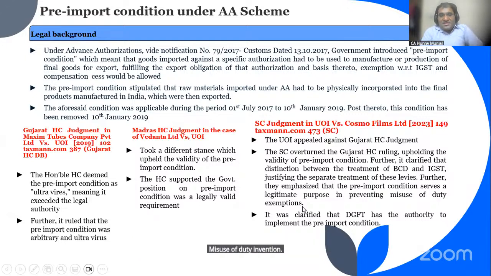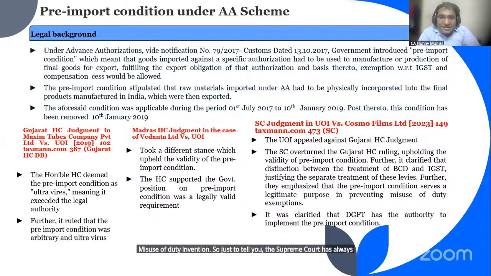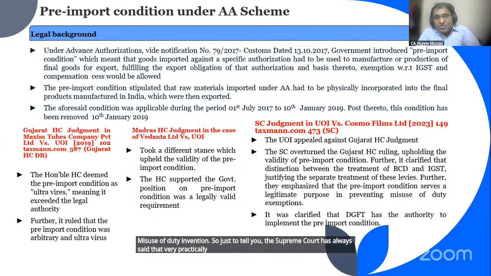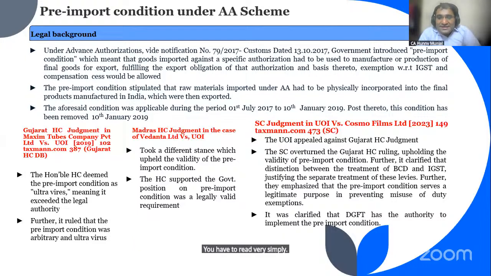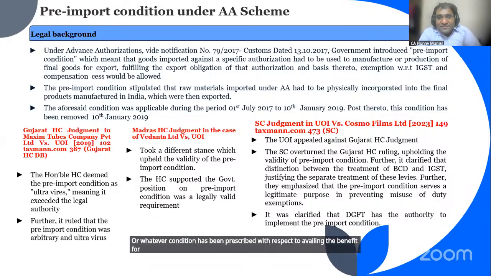So just to tell you, the Supreme Court has always said very categorically that exemption notifications have to be read very strictly. Now, what do you mean by strictly? Whatever condition has been prescribed with respect to availing the benefit of exemption has to be complied with.